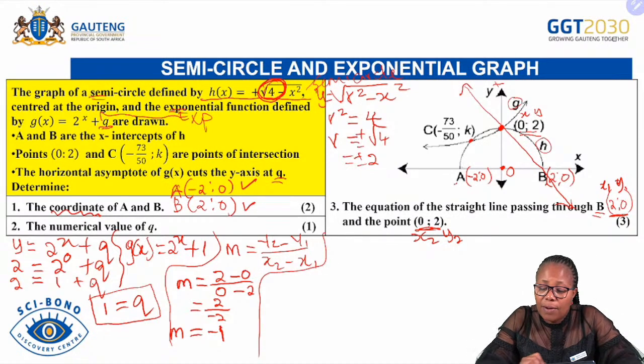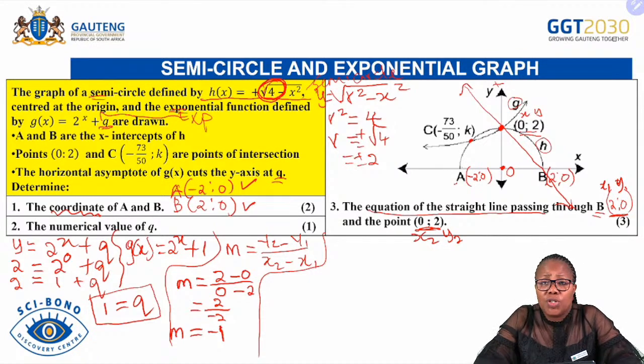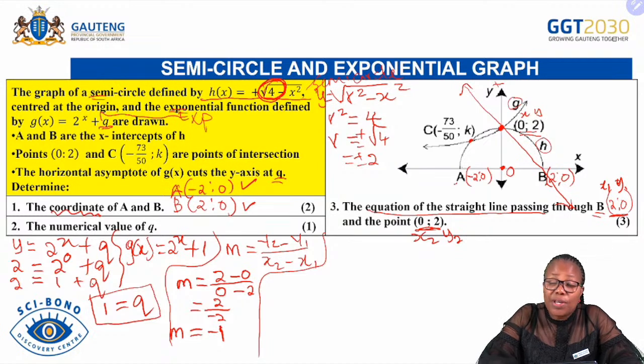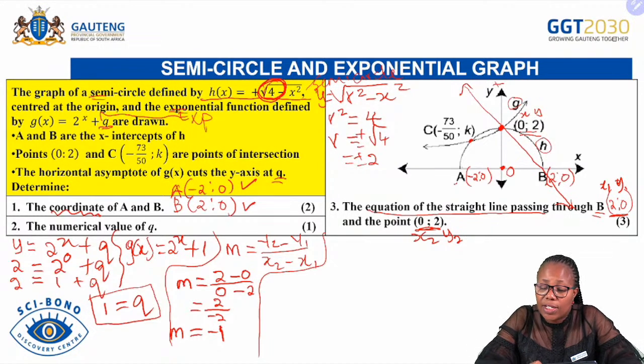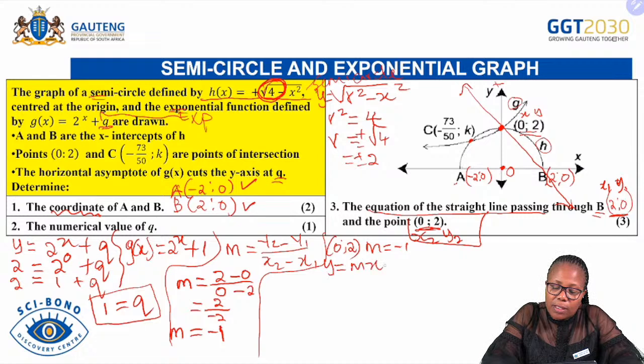And then from here, we are not yet done, because we are looking at the equation of that particular straight line. Now, since we have a gradient, you can choose any point. So let's say we are taking 0 and 2 now. And then we have a gradient which is equal to minus 1. And then we go y equals mx plus c, which is the straight line original.